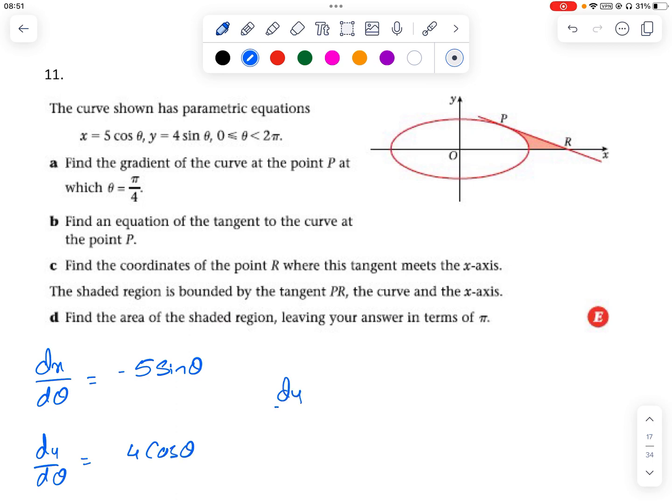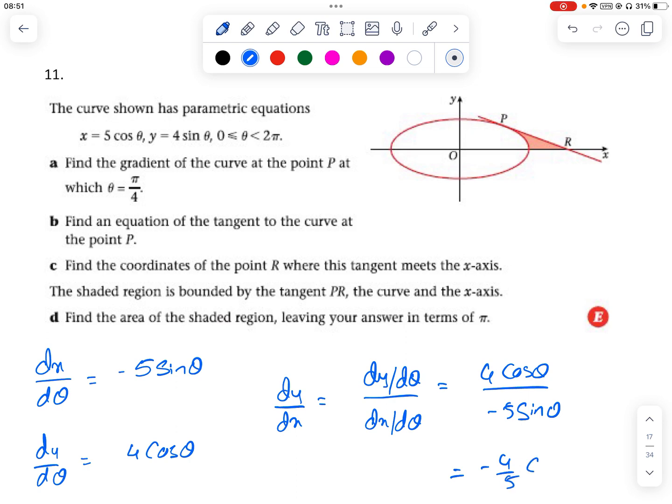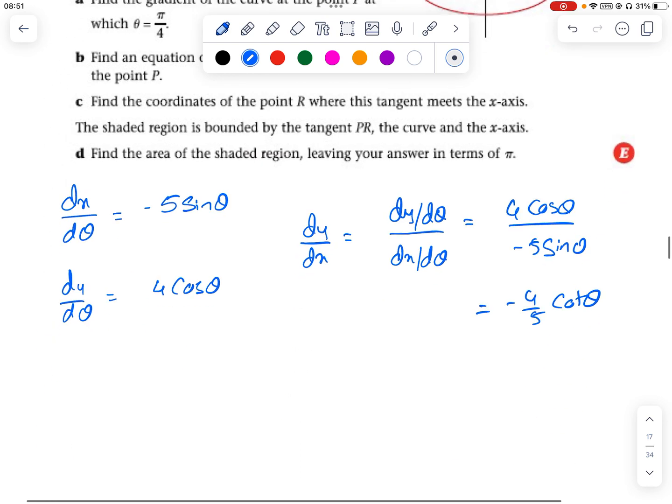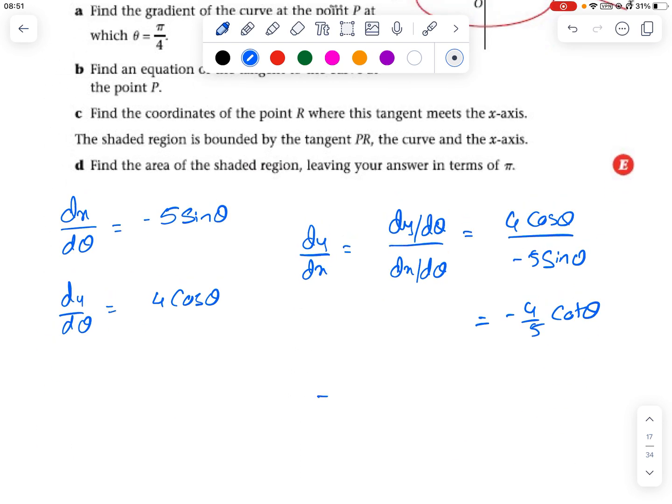So what is dy by dx? dy by dx will become dy by d theta divided by dx upon d theta. So which is 4 cos theta divided by minus 5 sine theta, which is minus 4 upon 5 cotangent theta. But theta is pi by 4, so the gradient is minus 4 upon 5 cot pi by 4. Cot pi by 4 is 1, so gradient is minus 4 upon 5.